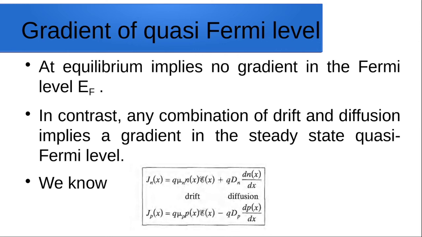Now we will discuss a different concept. We have already seen what a Quasi Fermi level is. Quasi Fermi levels are those Fermi levels which get introduced when you are doping the semiconductor with impurities.